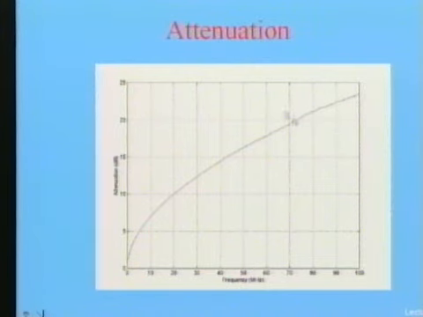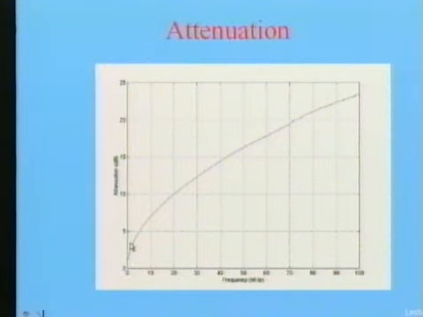This is one graph which shows that. When you come to 100 megahertz, you have attenuation in the order of 23 dB, while at around DC, you have only 2-3 dB attenuation.